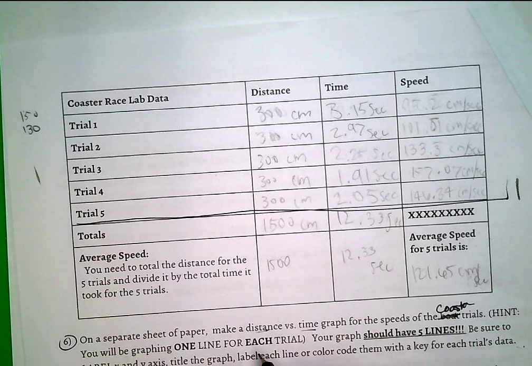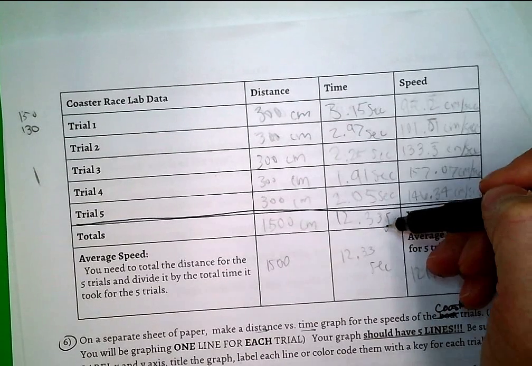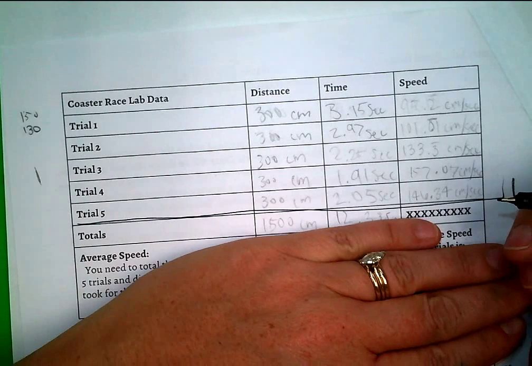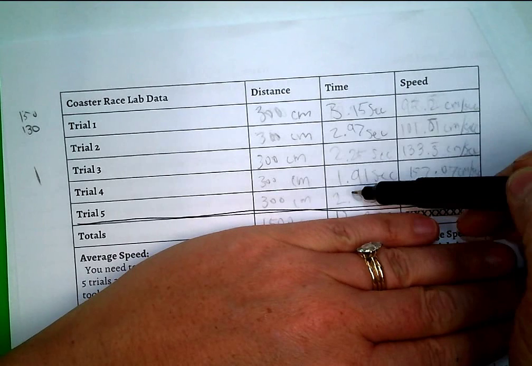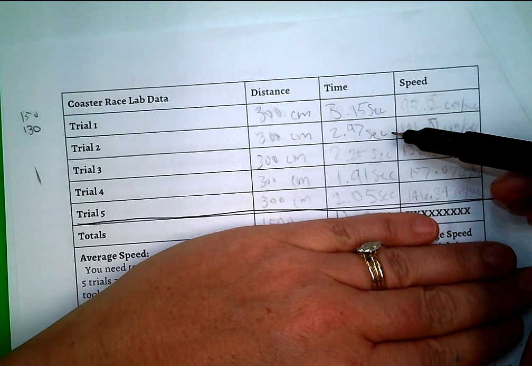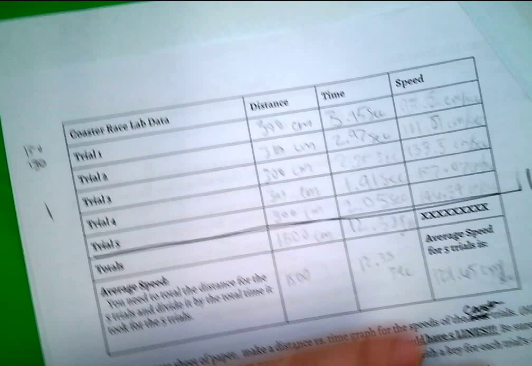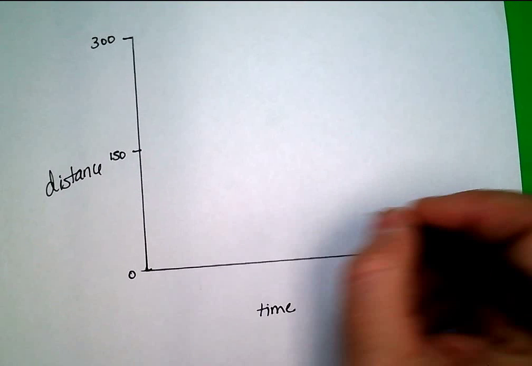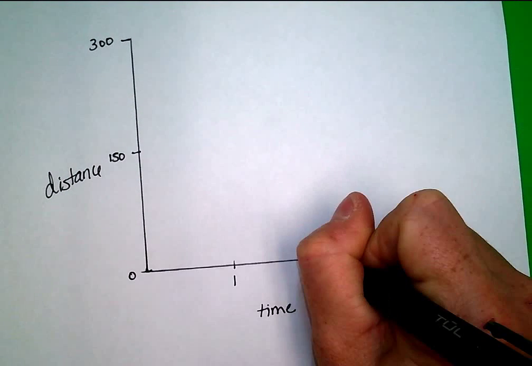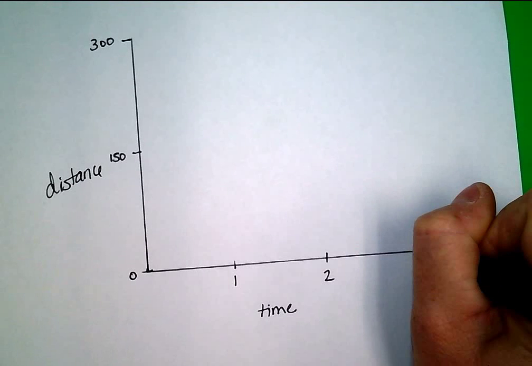The second thing I'm going to do is place the time. Not including my totals down here, I'm looking at the longest amount of time, which in this case is 3.15 seconds. So I need to go to at least 3.15. I might count by tenths: this is 1, this is 2, this is 3.